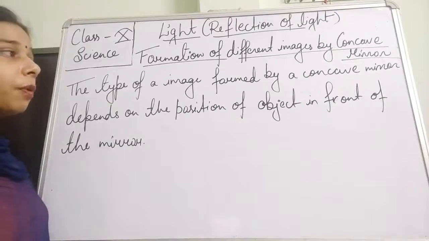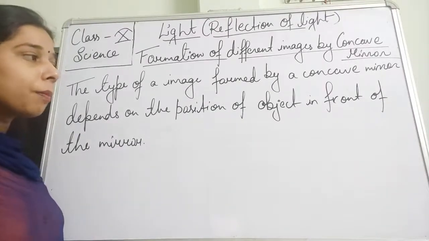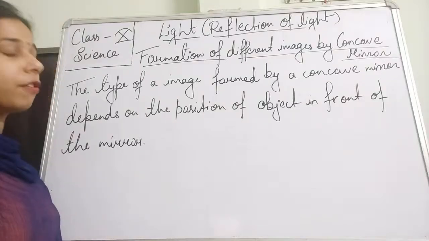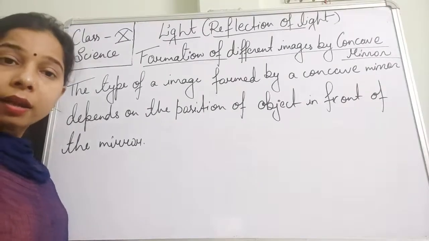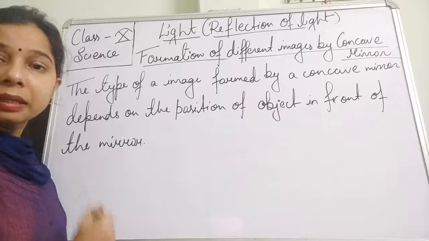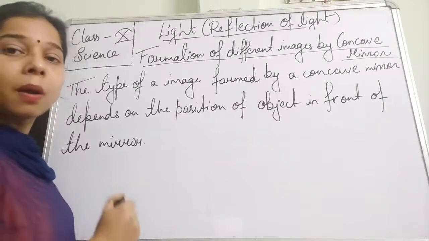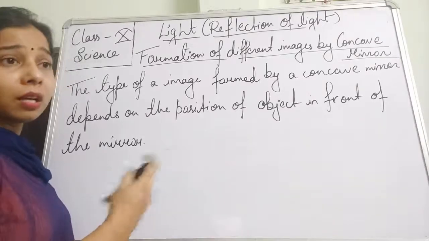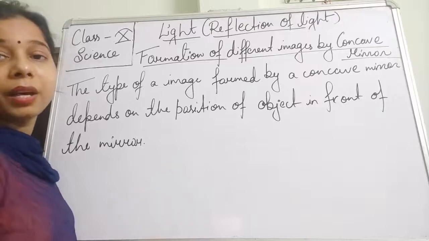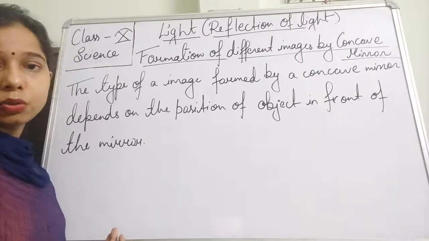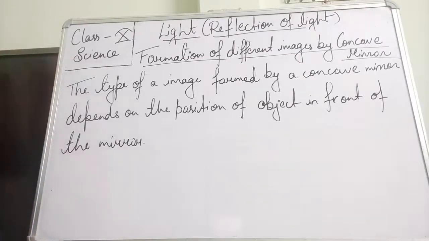Okay, so the type of image formed by a concave mirror totally depends upon the position of the object in front of the mirror. Where we keep the object will actually decide the image formed here, students. Different positions will give different images.